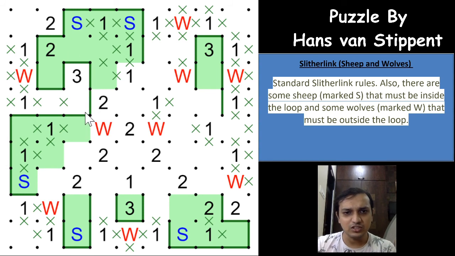So if I connect these two cells, they will be inside the loop, because the moment we mark a cross here, all of these cells become part of the loop which are inside of the cells, right? Which means that this loop segment won't be a possible loop segment, and it has to go down, right, to make sure that the W is outside the loop.